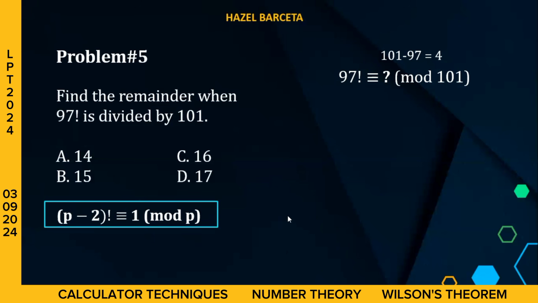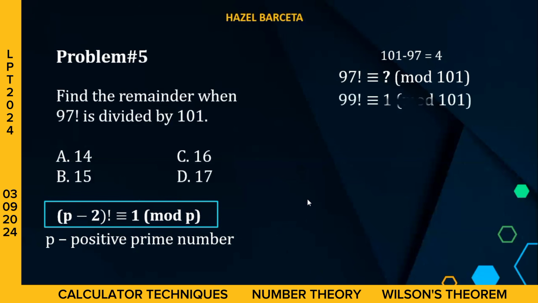Again, P must be a positive prime number and it is a check for 101. So, applying P is equal to 101, P minus 2, so 101 minus 2, we will have 99 factorial is congruent to 1 mod 101.